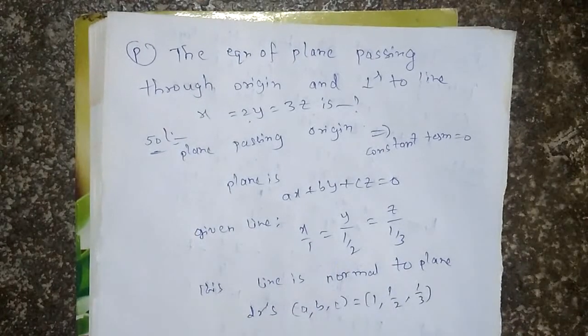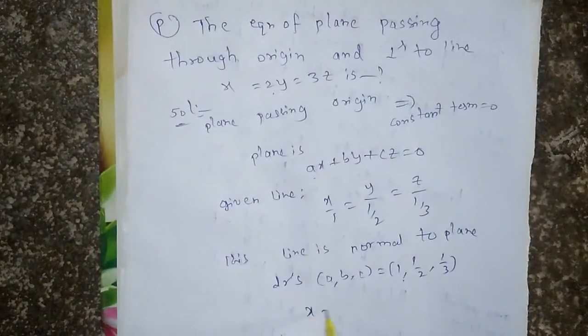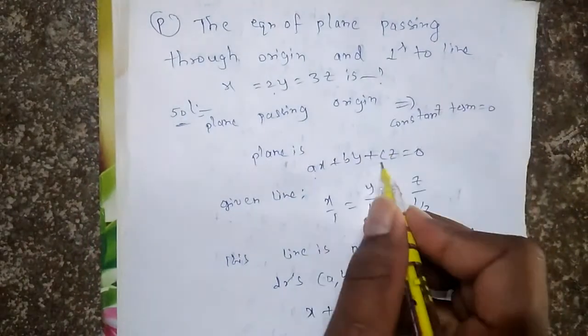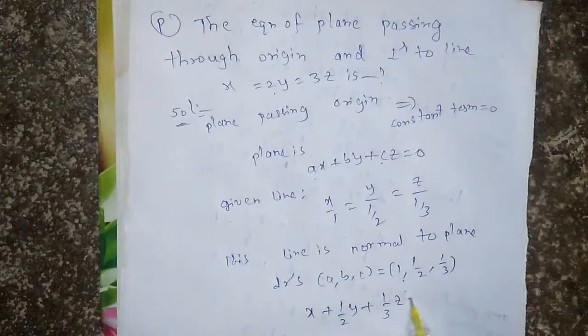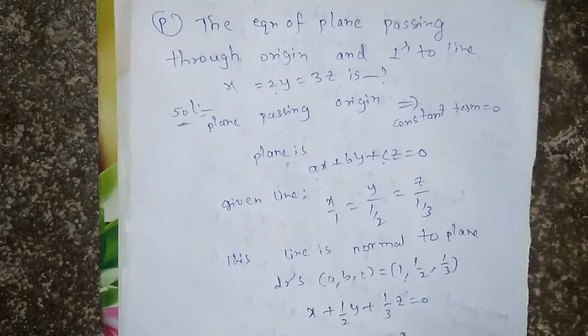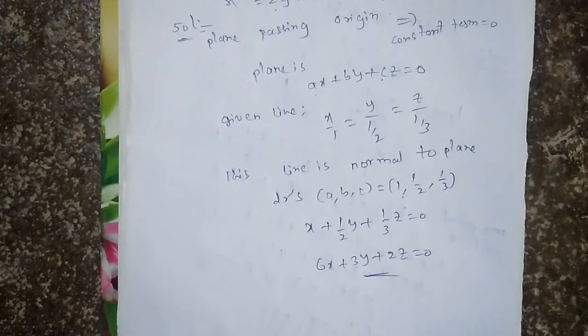Okay, so this is the normal, which means we can substitute these DRs in the plane equation, that is 1 into x, b is 1 by 2 into y, c is 1 by 3 into z is equal to 0. Now take LCM: 6x plus 3y plus 2z is equal to 0 is the required plane equation.